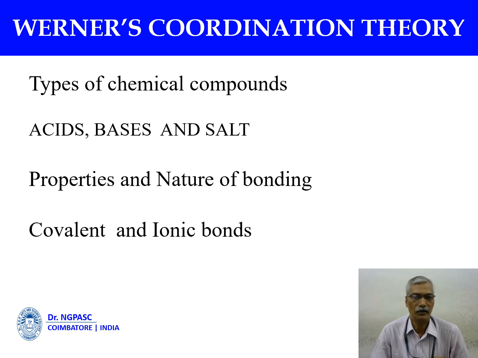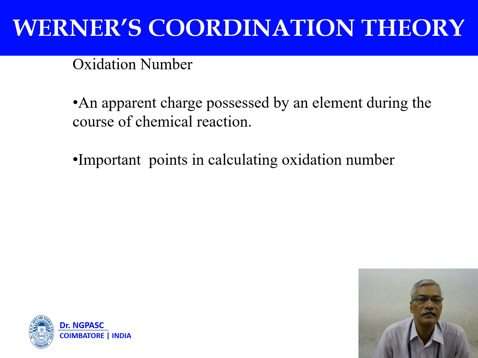When it comes to the properties and nature of bonding in acids, bases, and salts, two theories have been proposed at the time. One is ionic bonding, another one is covalent bonding. Covalent bonding is formed by the mutual sharing of electrons.